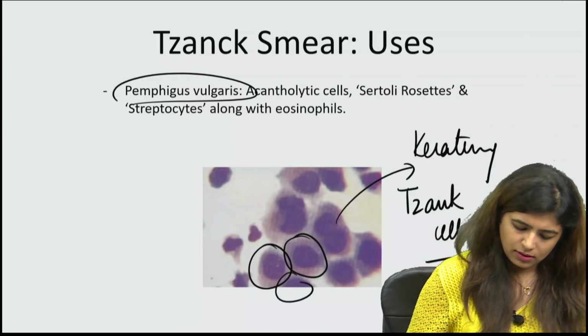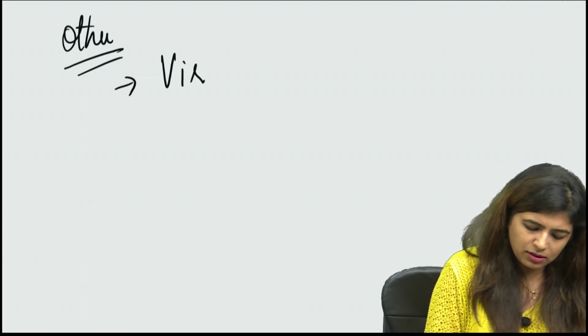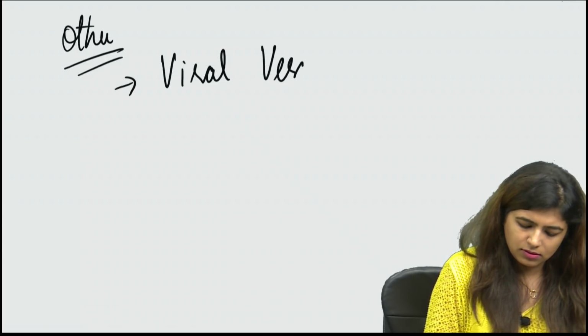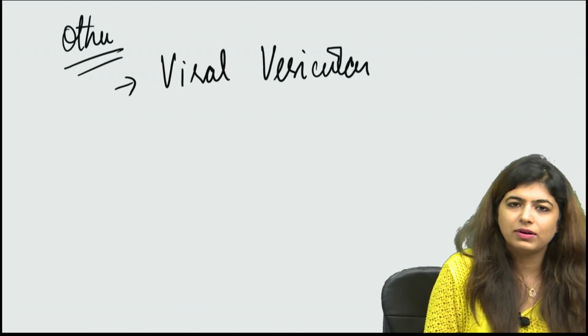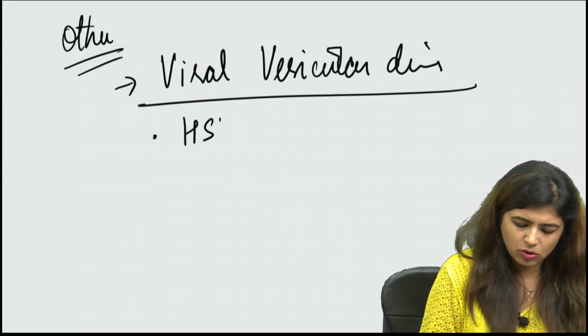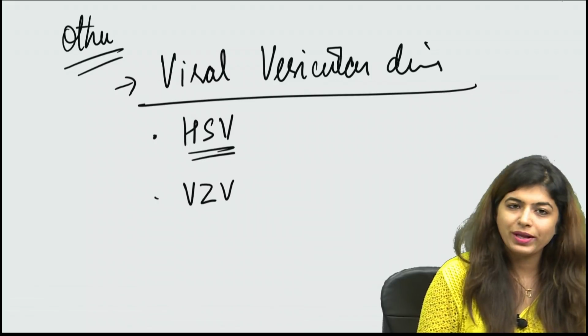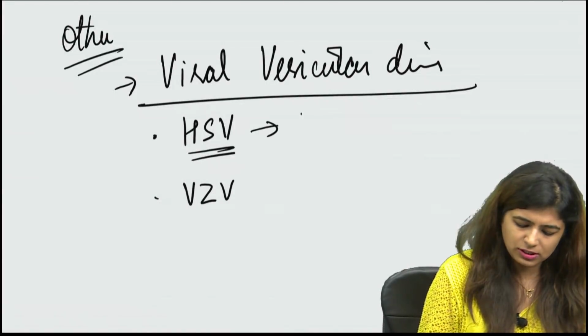Okay. Now, amongst the other uses are your viral vesicular diseases. What are the viral vesicular diseases? Which are caused by HSV, then which are caused by VZV. What is caused by HSV?